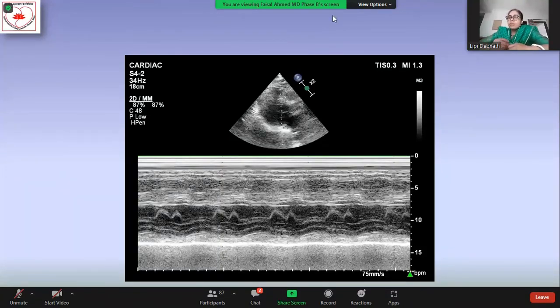Another is in case of any wide complex tachycardia, to see whether there is AV dissociation, for visualization of the P waves. This lead placement is named according to Sir Thomas Lewis. And this is all. Thank you.